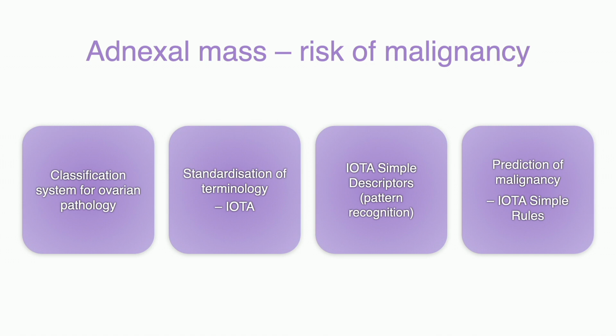They have published numerous papers about classification system and scoring of ovarian pathologies. One of the first papers was about the classification system for ovarian pathologies. Later on, they reported recommendations for assessment and management of adnexal masses.